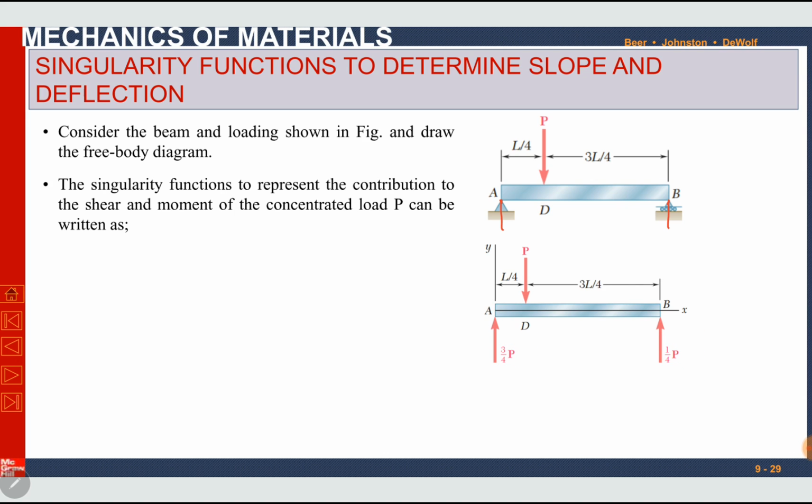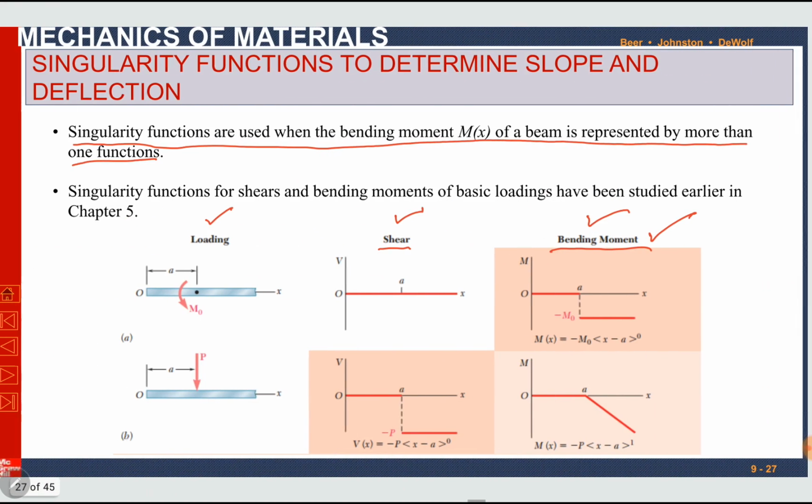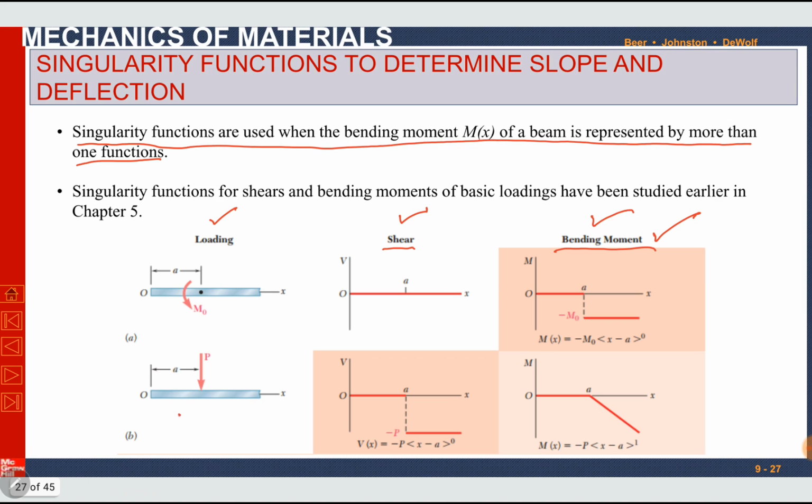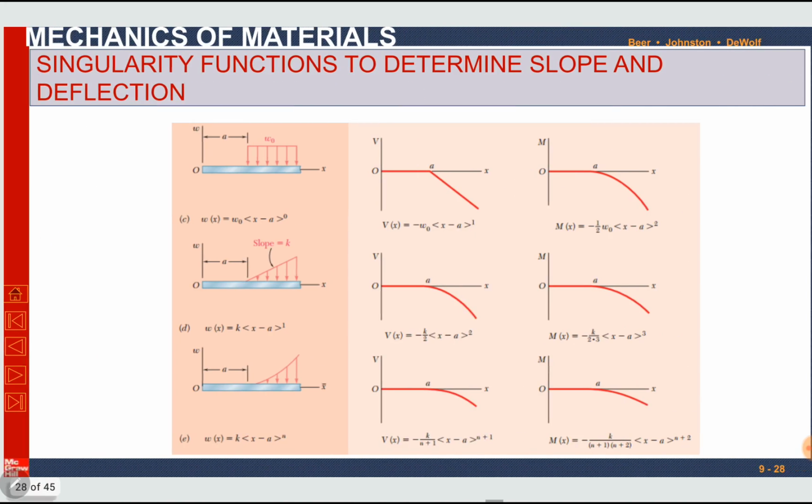Okay, first we have to find the singularity expression for moment for this beam. Starting from the left end, our first load is 3/4P. So let us see the bending moment function for a concentrated load. It is minus P into x minus a power 1.